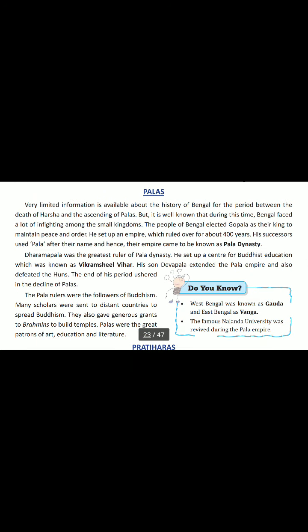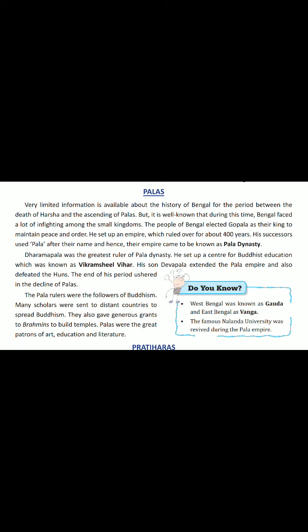Palas. Very limited information is available about the history of Bengal for the period between the death of Harsha and the rise of the Palas. It means we do not have much information between these two periods. But it is well known that during this period, Bengal faced a lot of infighting among the small kingdoms.